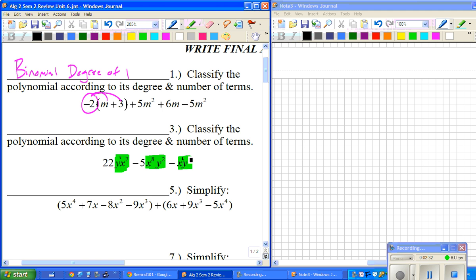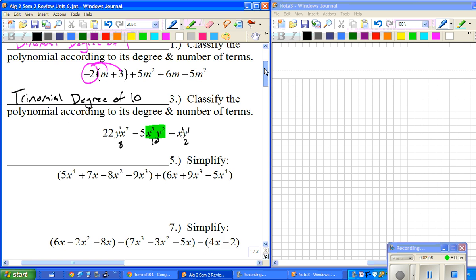And remember, if there's nothing there, there is a 1. Okay, so we have 8, 10, and 2. And the highest one is the 10. Okay, so we have 3 terms, which makes it a trinomial with a degree of 10.